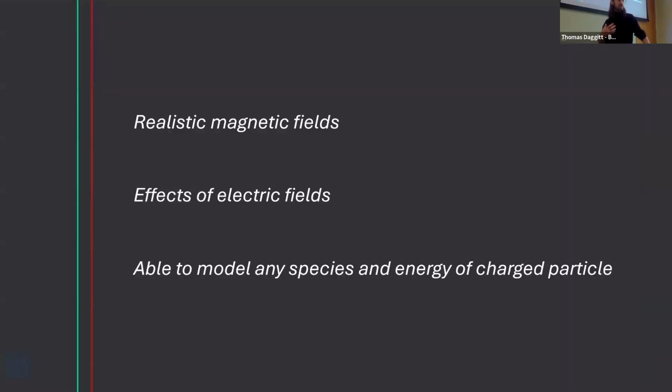The advantage of this Hamiltonian method is that I can include realistic magnetic fields, I can include the effects of electric fields, and I can model any species of particle and any energy of particle, whereas previous models are often restricted in any or potentially all of these respects.